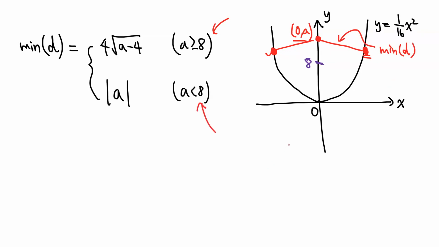And what the second case means is that when a is here, then the minimum occurs at y equals 0, which means the distance is now between (0, a) and the origin. So this is the minimum distance. And the same argument also holds when a is negative, where obviously this is the minimum distance.